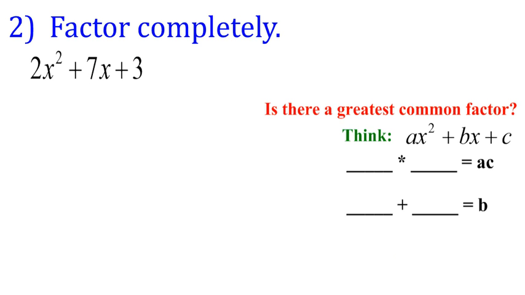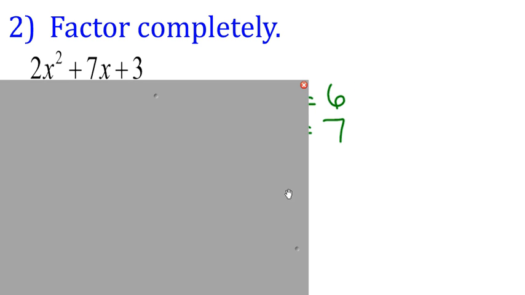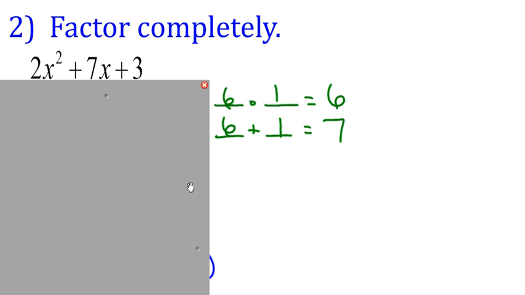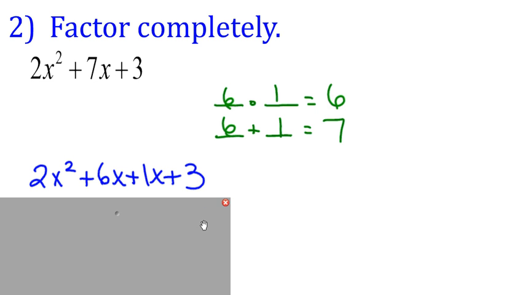Again, to meet the 2 requirements of multiplying to get 6 and adding to get 7, we have our values of 6 and 1. So again, we're going to rewrite our polynomial with 4 terms using these as our 2 linear pieces. So we have 2x squared plus 6x plus 1x plus 3.